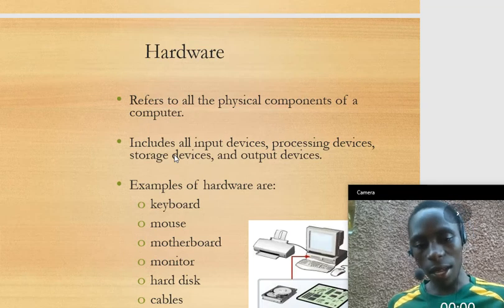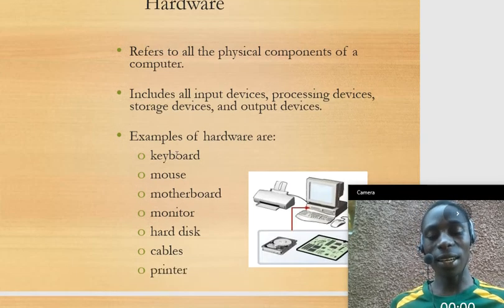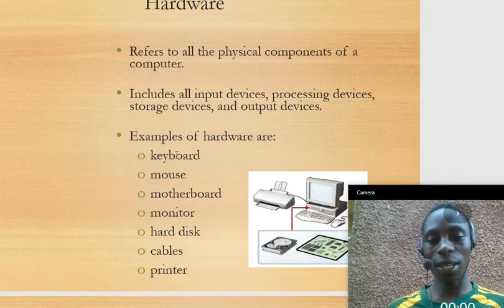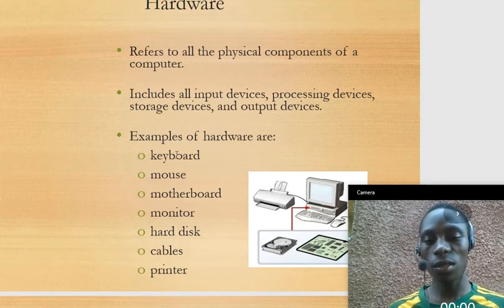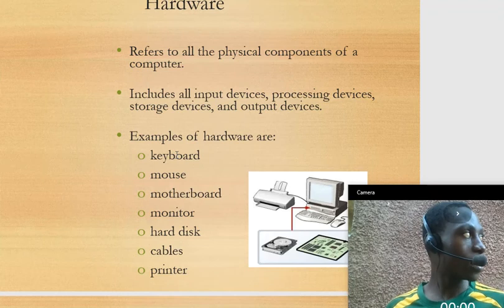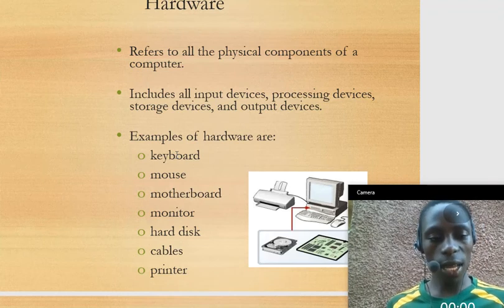Examples of hardware components, you can name very many of them, but for us here we're going to focus on the keyboard, the mouse, the motherboard, the monitor, the hard disk, cables, and printers. So we are also looking at all those.